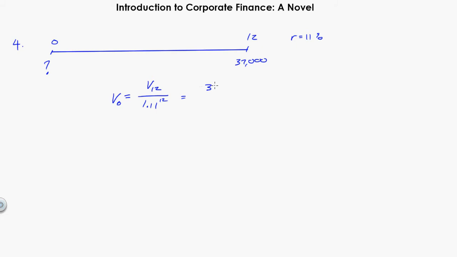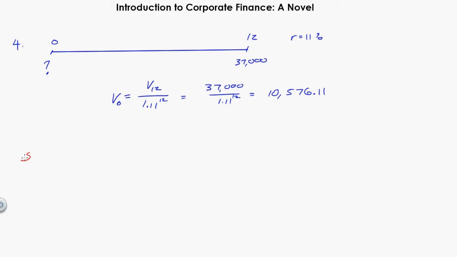That's $37,000 divided by 1.11 to the 12th, and that's equal to $10,576.11. So what's happening is he puts this money in the bank today, and it grows at, in this case, 11% for 12 years and becomes $37,000.